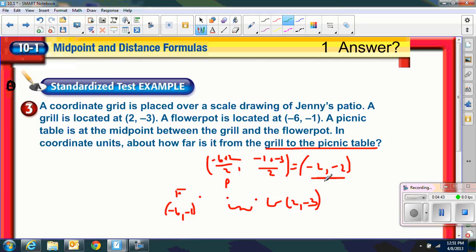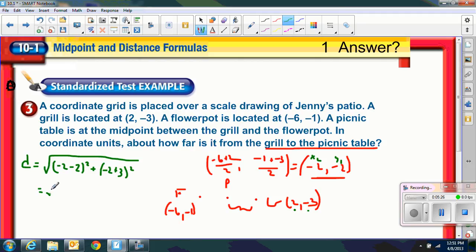Once I know where the picnic table is located, now I want to know the distance between those two points. So we follow the distance formula, which means we will take the square root of x2 minus x1 squared. I'm calling the picnic table point 2, so this would be my x2, and this would be the y2. And then this is your x1, y1. So negative 2 minus 2 squared plus y2 minus y1, negative 2 minus a negative 3, makes this into a plus 3 squared.